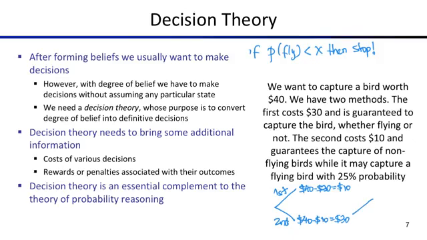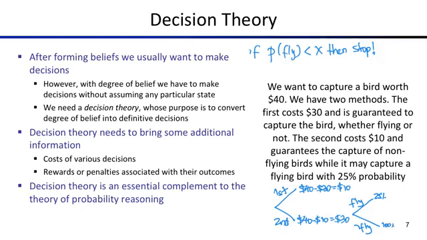So there are two cases here: flying and not flying. If it is a flying bird, I have just 25% probability of capturing. If it is a non-flying bird, I have 100%.